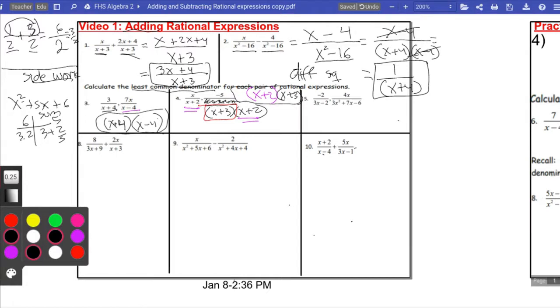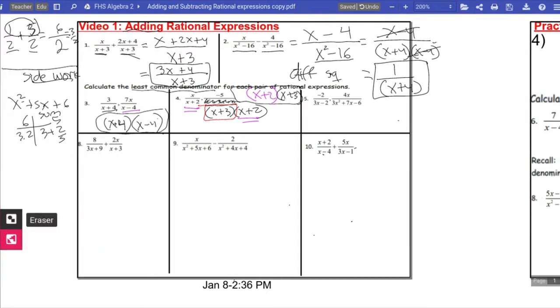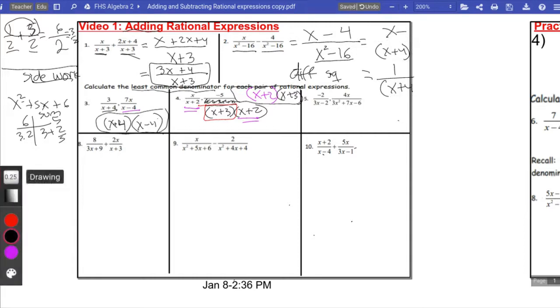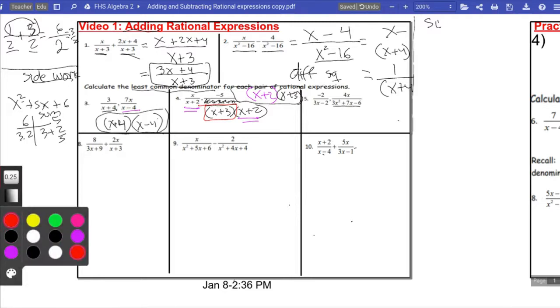So let's do this one right here. I'm going to need space for this, so I'm going to my side work right here. Let's go in red. All right, so I'm dealing with 3x squared plus 7x minus 6.